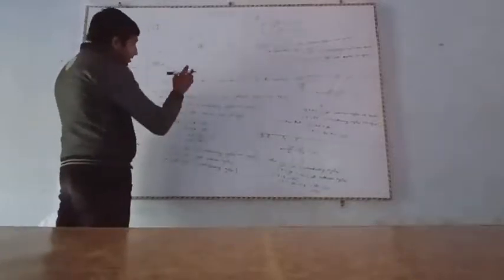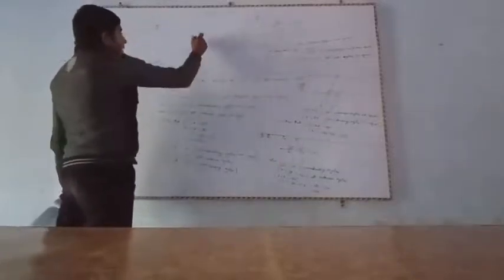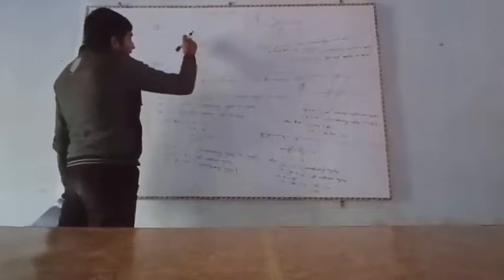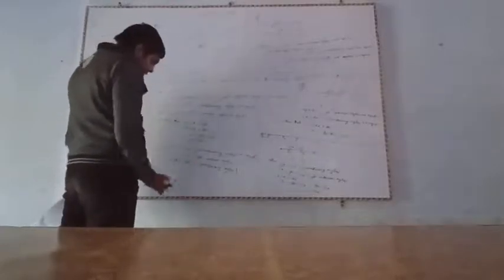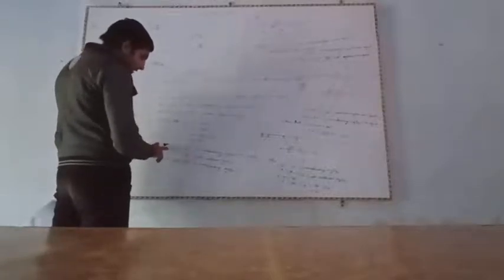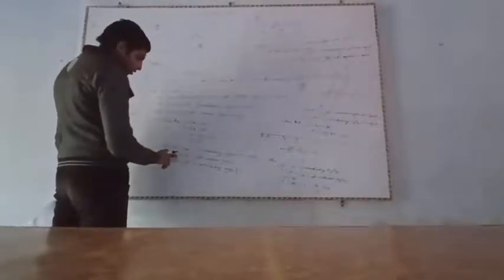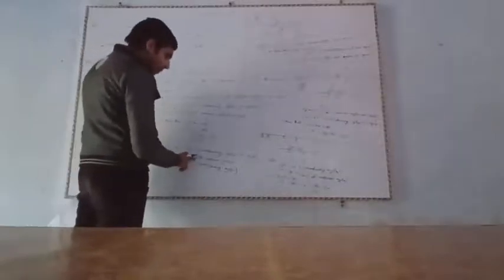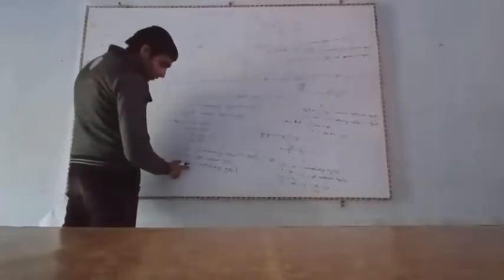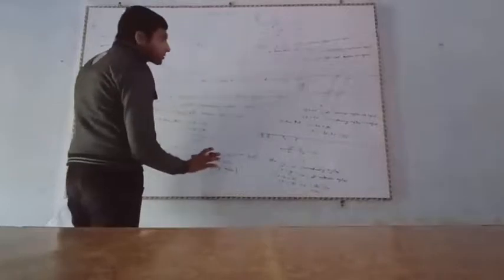Angle 4 and angle 6 are alternate interior angles, and you already know that alternate interior angles are equal. From here angle 4 is equal to angle 8, which is equal to 120 degrees, because of corresponding angles. So we have solved the remaining angles.